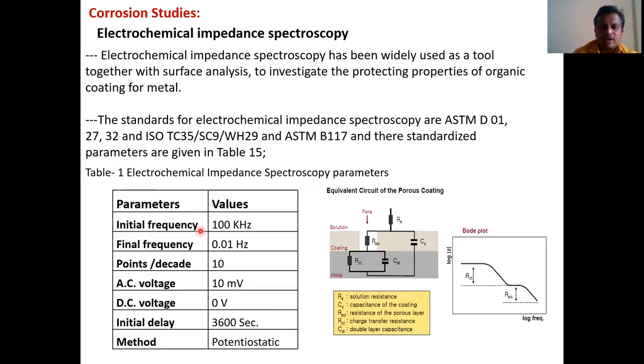Initial frequency is 100 kilohertz, final frequency is 0.01 hertz, points per decade 10, AC voltage 10 millivolt, DC voltage 0, initial delay 3600 seconds, and the method is potentiostatic. From that we are getting the values of impedance. The higher the impedance, the better the coating.